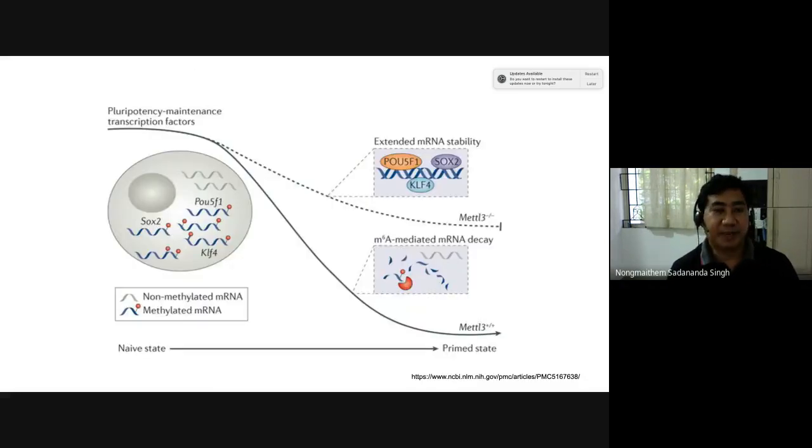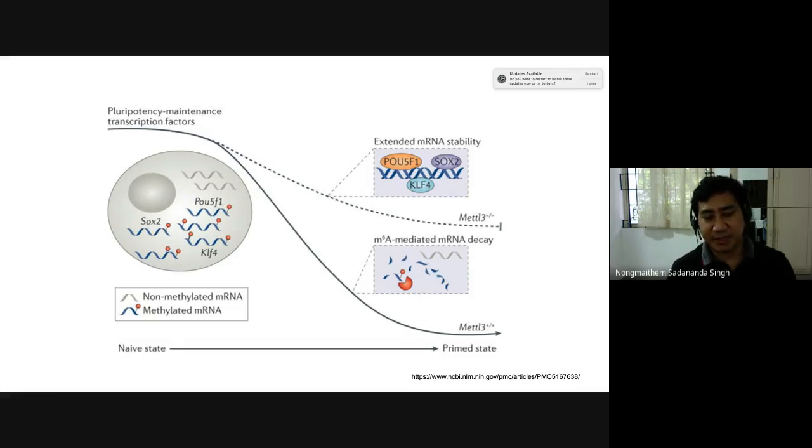One of the examples here is one of the very important proteins, SOX2. When you want the stem cells to get differentiated into a certain cell lineage, it has to change the expression of those stem cell markers, correct? Like SOX2 has to go down.